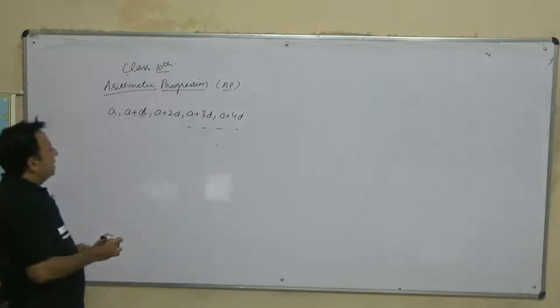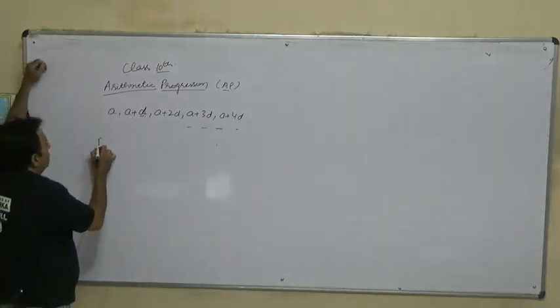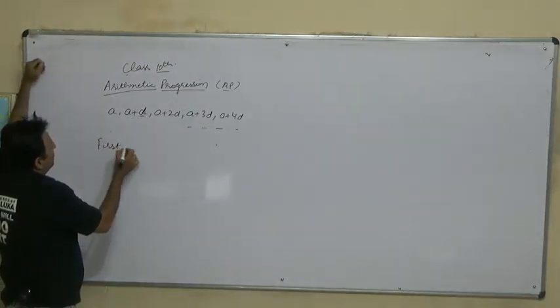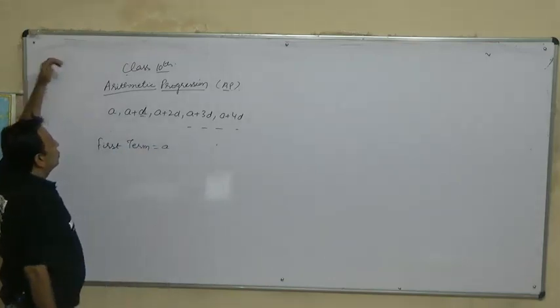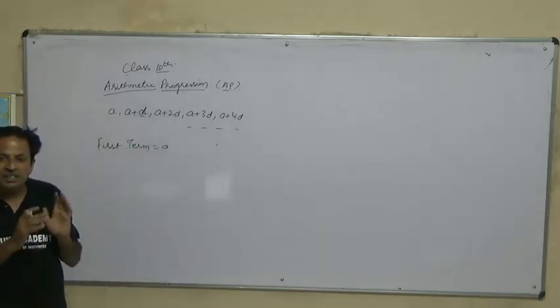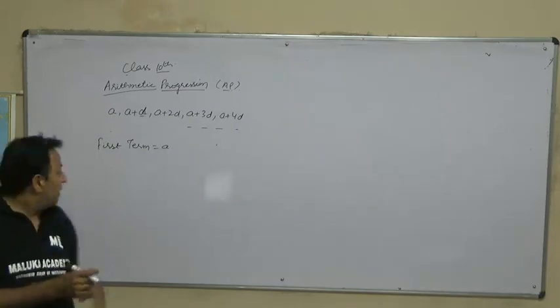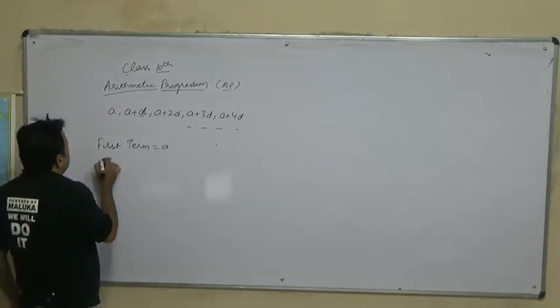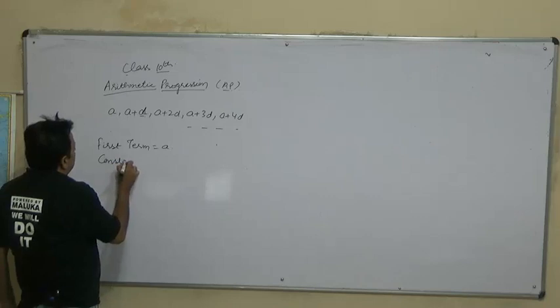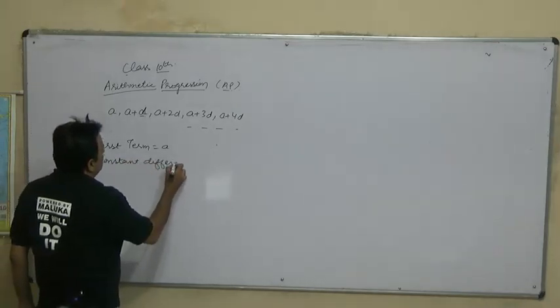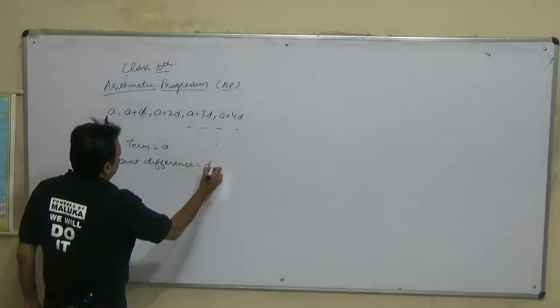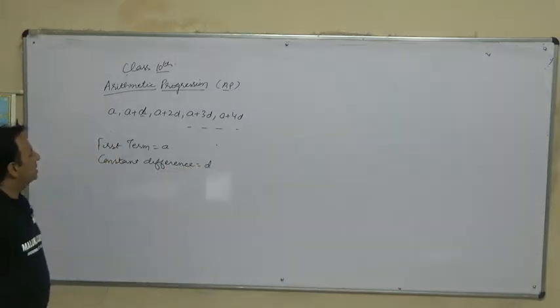So you can check that the first term is where the series starts. First term is A. So this is the term from where the series begins. Then what is the constant difference? Constant difference here is D.